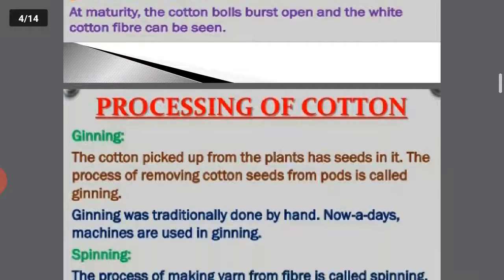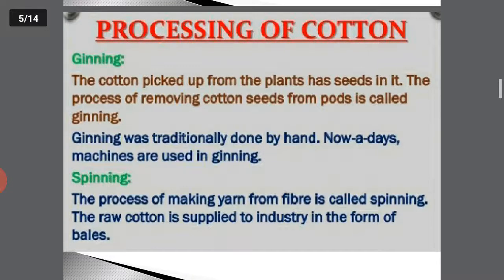Let's study further the processing of cotton: how cotton is processed and converted into usable forms. The processing steps are ginning and spinning. The cotton picked from the plants has seeds in it.